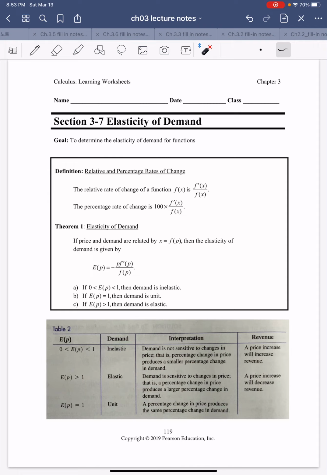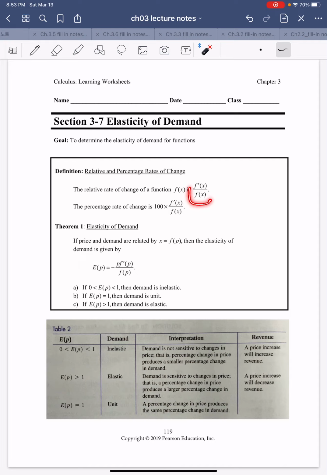Economists use the concept of elasticity of demand to answer the question, when does an increase in price lead to an increase in revenue? So if a price and demand are related by a function x equal to f of p, then the elasticity of the demand is given by E sub p equal to negative p f prime of p divided by f of p.